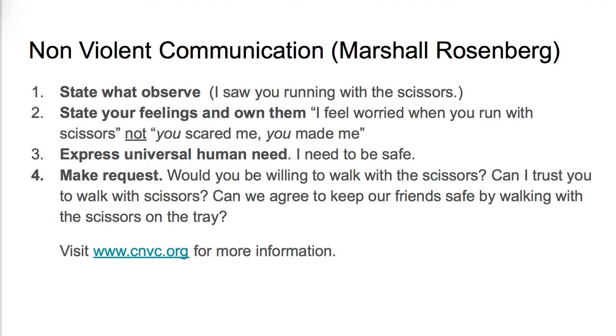I need to be safe. Then you're going to make a request. There are many ways to phrase this. One would be, would you be willing to walk with the scissors? Can I trust you to walk with scissors? Can we agree to keep our friends safe by walking with the scissors on the tray? Or whatever your method of safe scissor handling is.